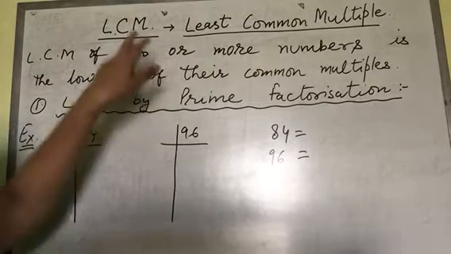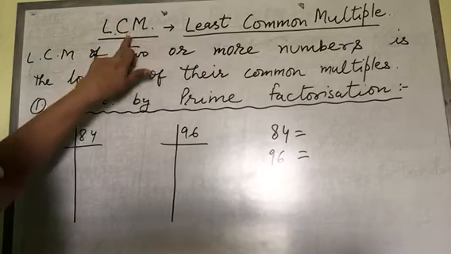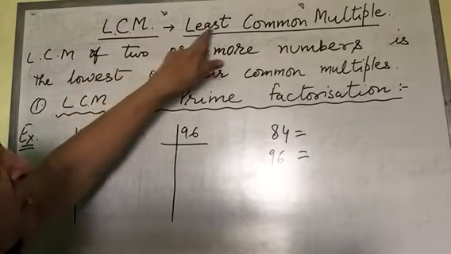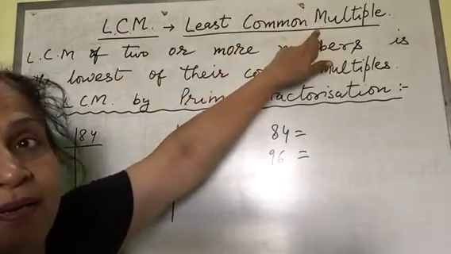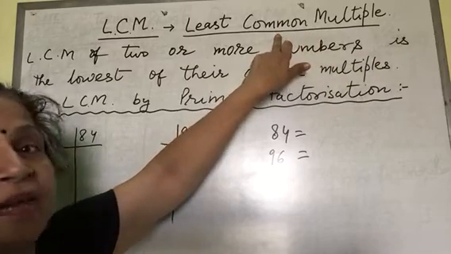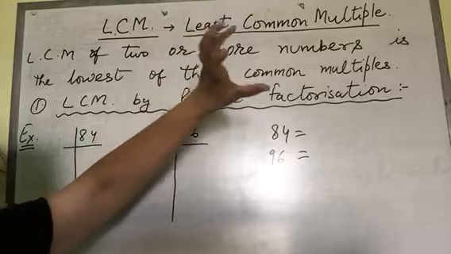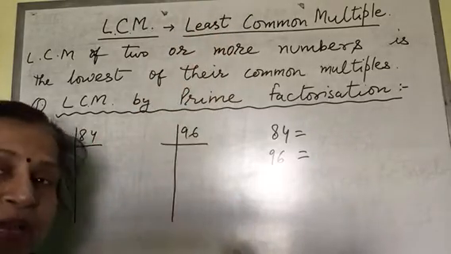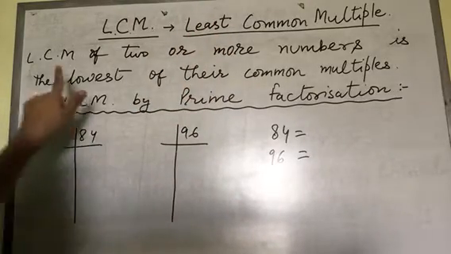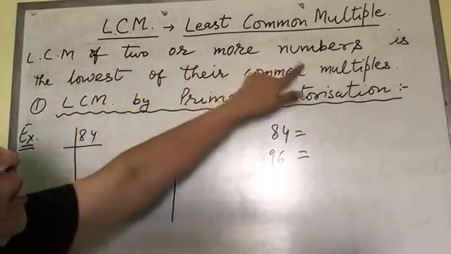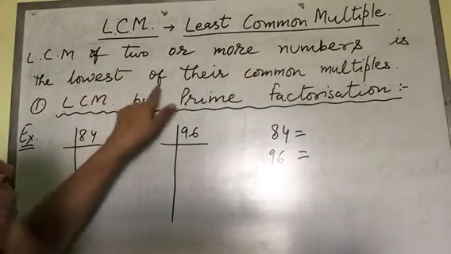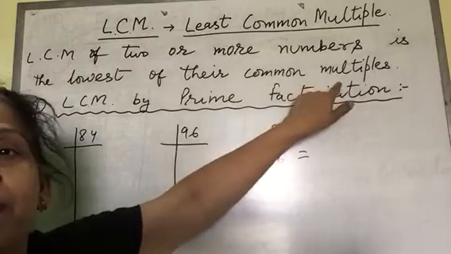LCM means, as I have written here, least common multiple. Common multiples आपने पढ़ा है. Common multiples किन्हीं भी दो नंबर्स के या दो से ज़्यादा नंबर्स के बीच में हम निकालते हैं. Here, LCM of two or more numbers is the lowest of their common multiples.